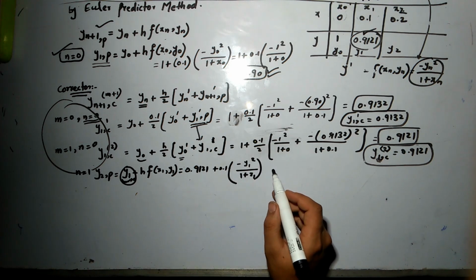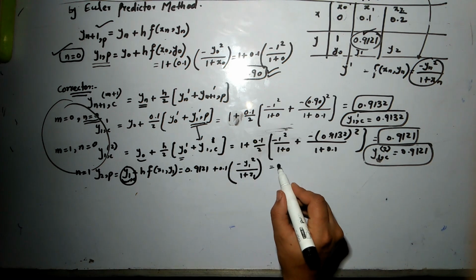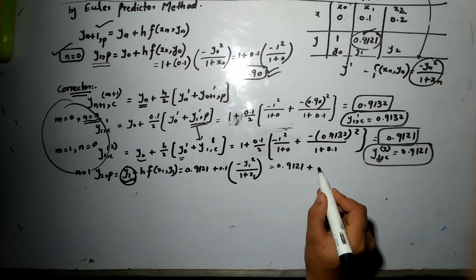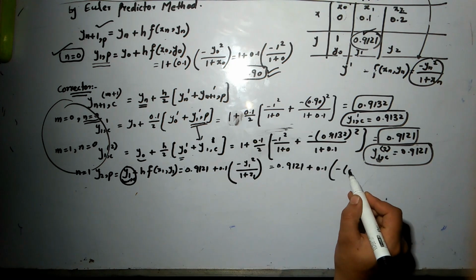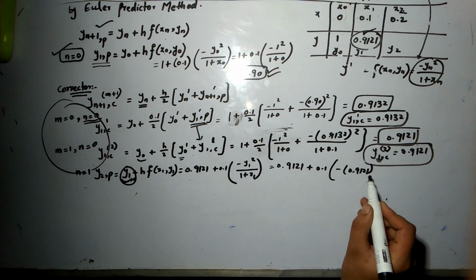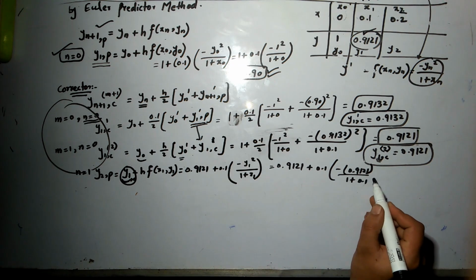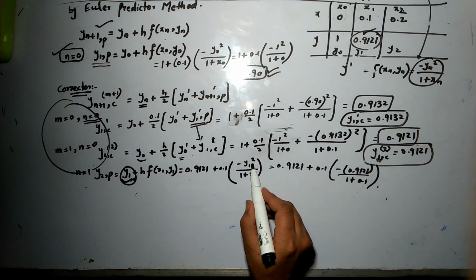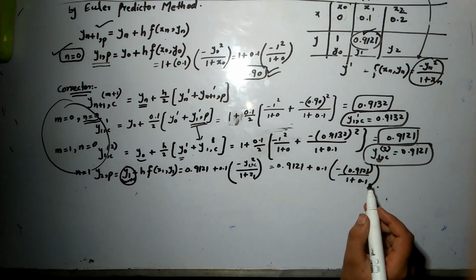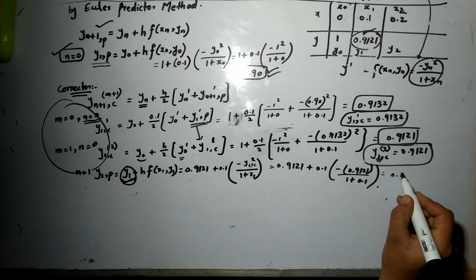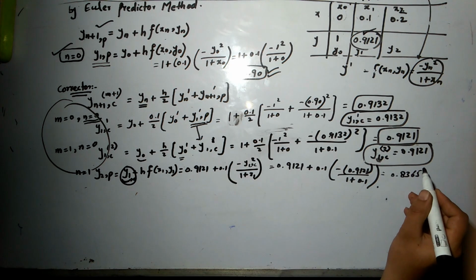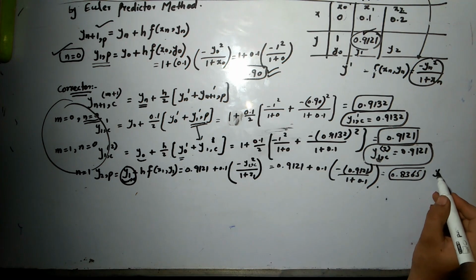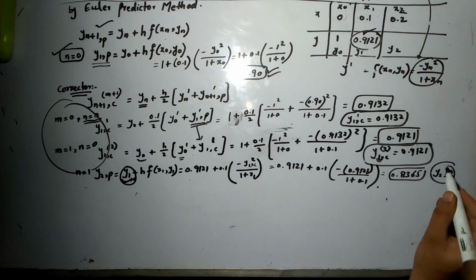So this will become 0.9121 plus 0.1 times minus 0.9121 squared over 1 plus 0.1. This is also the c value. So this will become 0.8365. This is y2 of p.